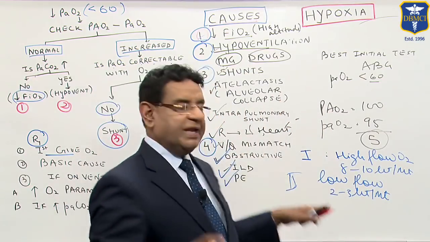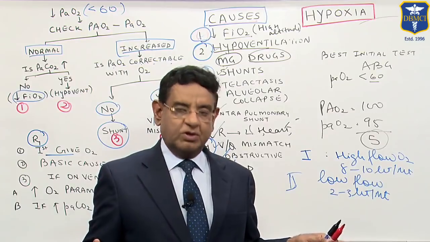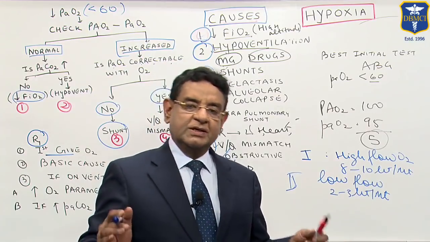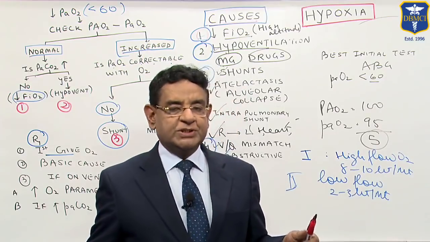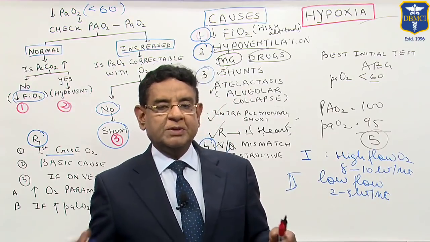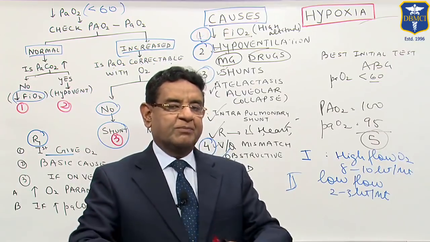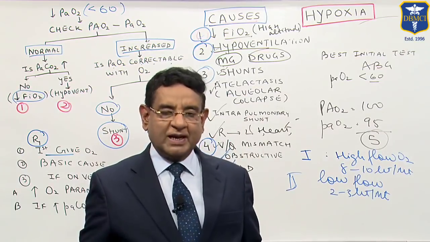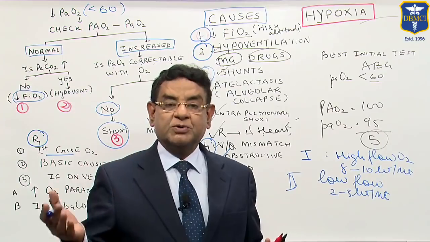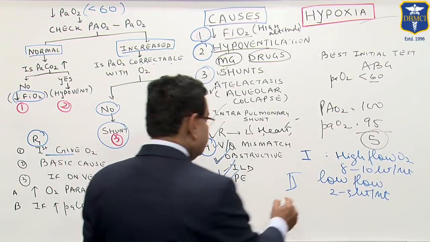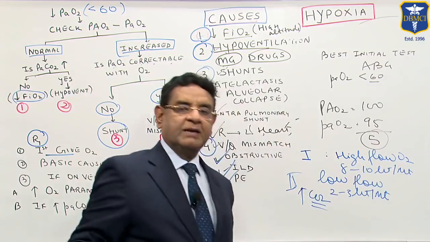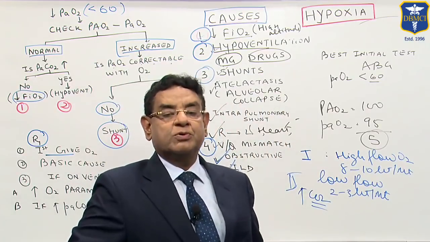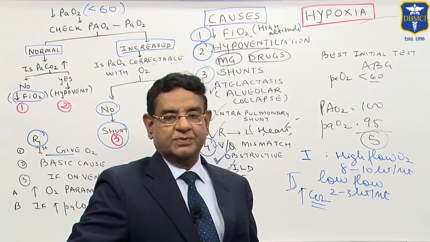If you give a very high amount of oxygen in type 2 failure, a large amount of CO2 will be produced, but the body has a disease where it is not able to expel CO2. So there will be a sudden further increase in CO2 and the patient will go into CO2 narcosis.